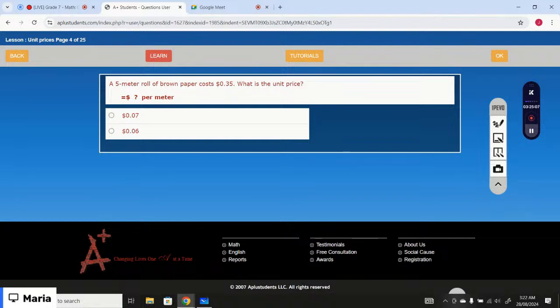That is 0.07. Option number 1 is the correct option.